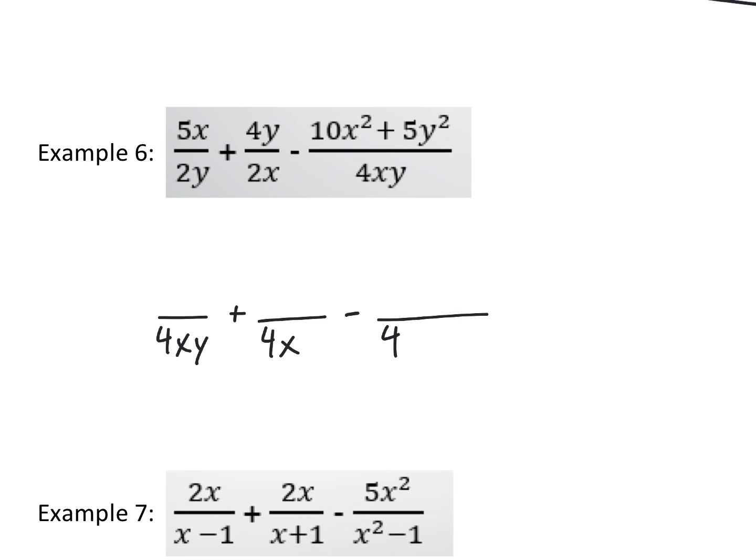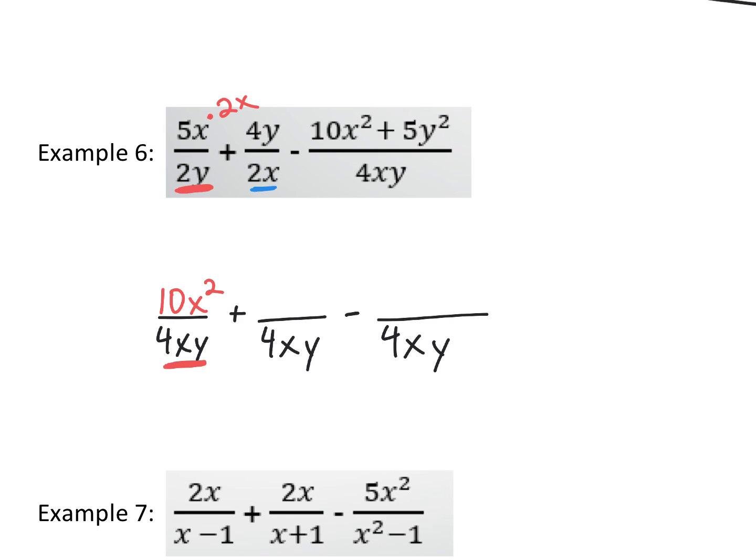That will encompass all of it. So first fraction, to get from 2y to 4xy, what do I need to multiply by? 2x, good. And 5x times 2x would be 10x squared, good.